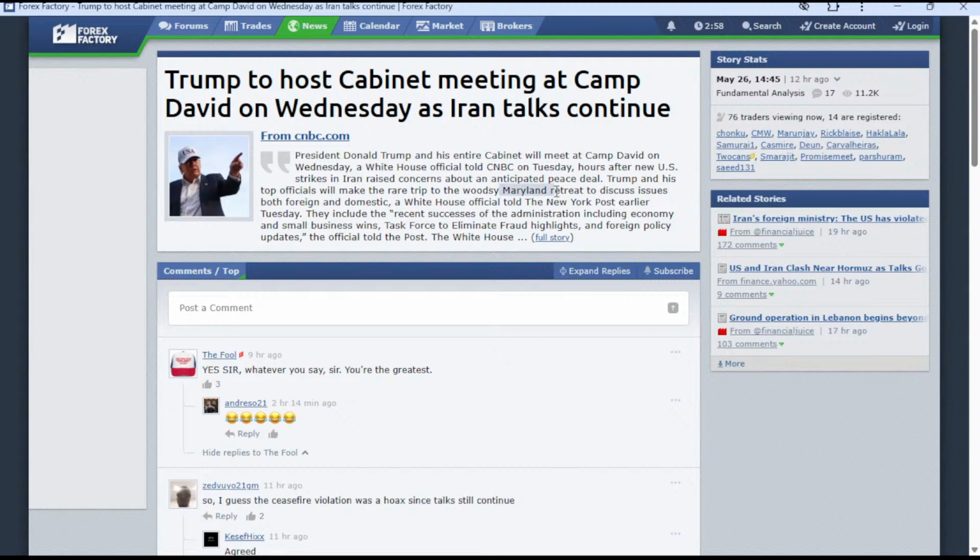This is our mentor's state, Maryland. Middle River, Maryland. ICT lives here. The retreat is to discuss issues both foreign and domestic, a White House official told the New York Post earlier Tuesday. They include the recent success of the administration, including economy and small business wins, a task force to eliminate fraud, and foreign policy updates. I'm not going to read the full story.